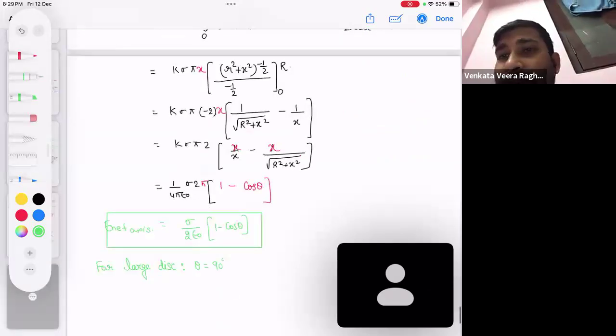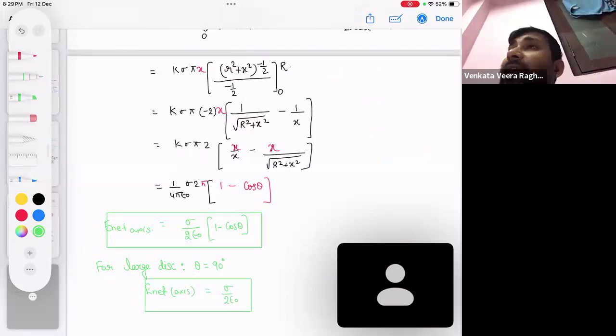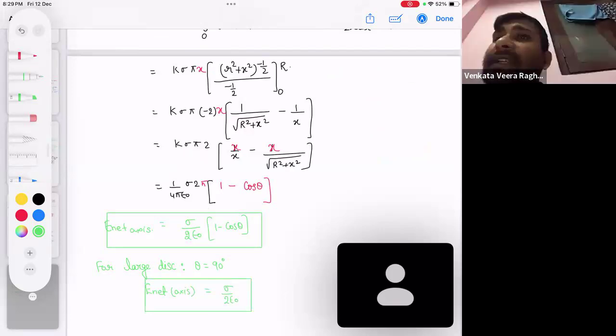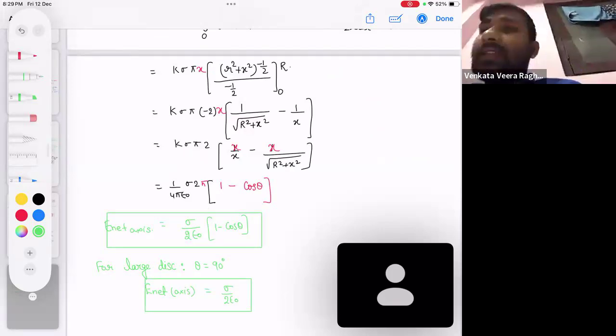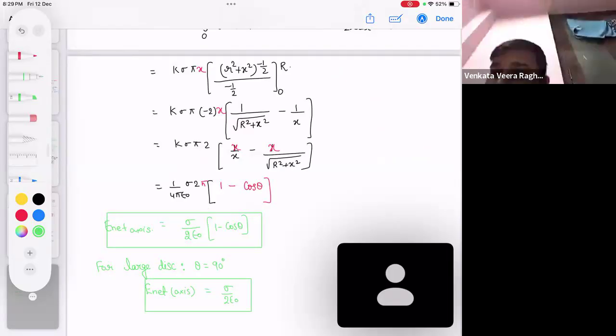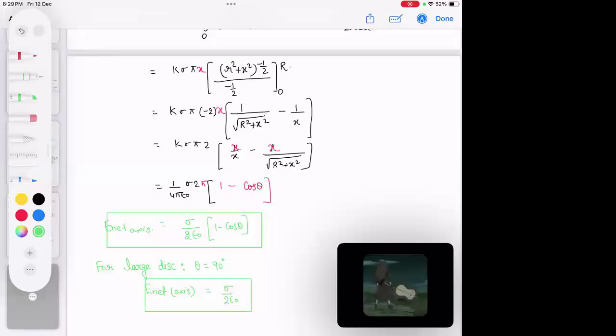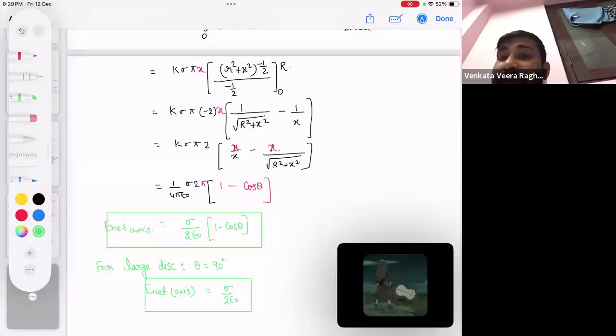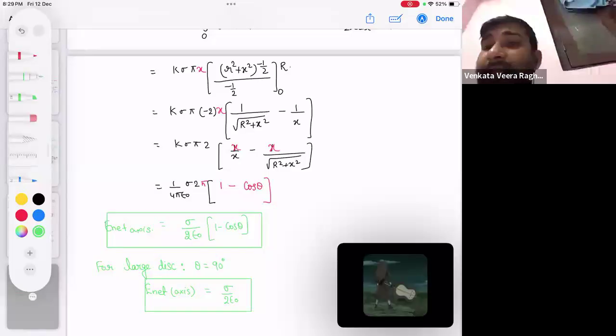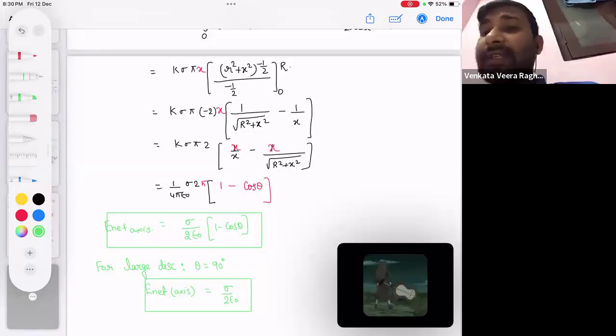So what is the field on the axis of a very large disk? Have you seen this result somewhere else? Is it the field due to an infinite disk, or the field due to an infinite sheet also? Infinite thin sheet, yes. The field due to an infinite thin sheet comes the same, sigma by 2 epsilon naught only.